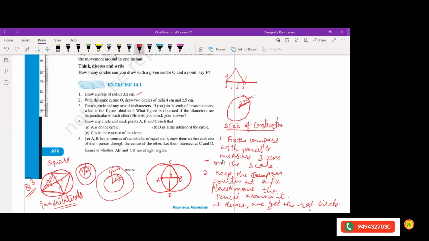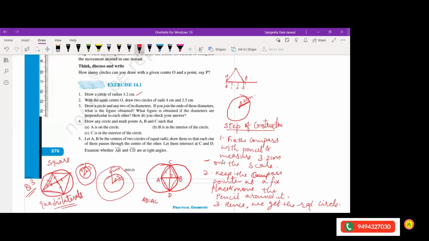Now, one more thing I'll tell you, which is not written in this question. Look here, everyone. If you join A to C, A to D, B to C and B to D, we get a quadrilateral like this. Here we can say AD is equal to AC because they are radii of the same circle.